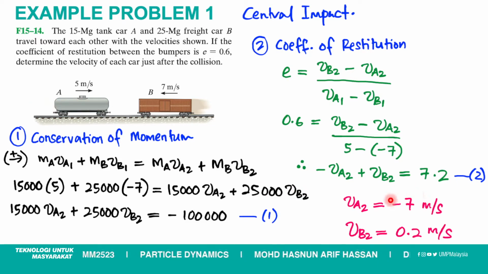Therefore, you have minus 7 meter per second. VB2 will continue moving forward, but with a slower velocity of 0.2 meter per second. Okay, that is example problem number 1.